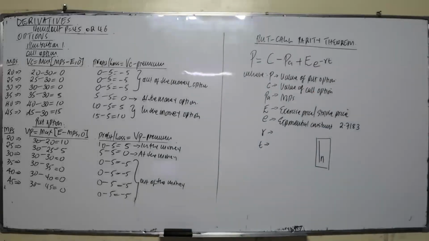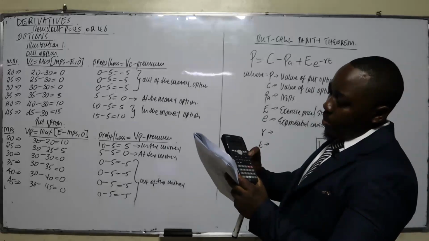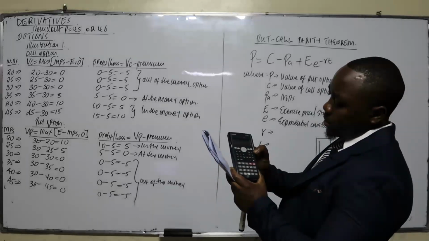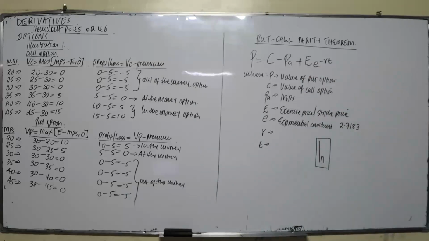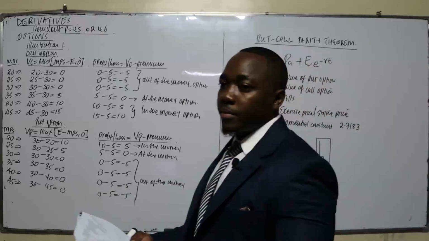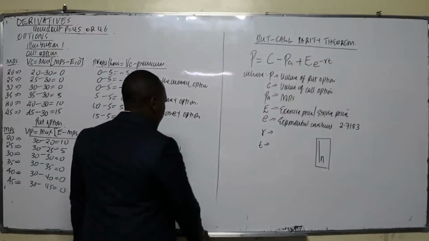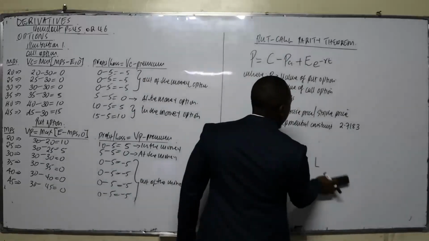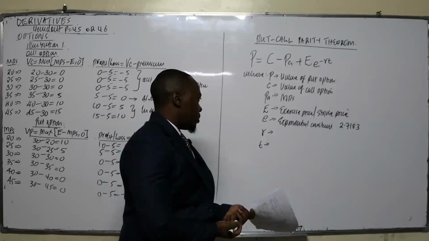Let me show you where it is. For those who can't see the natural log, we have the on button. Below it, we have x cubed. Then below it, there is ln. That ln is what we call the natural log. So press shift natural log. What do you get? E. Then press 1 equals. What do you get? 2.718. Yeah, that's what we call the exponential constant.